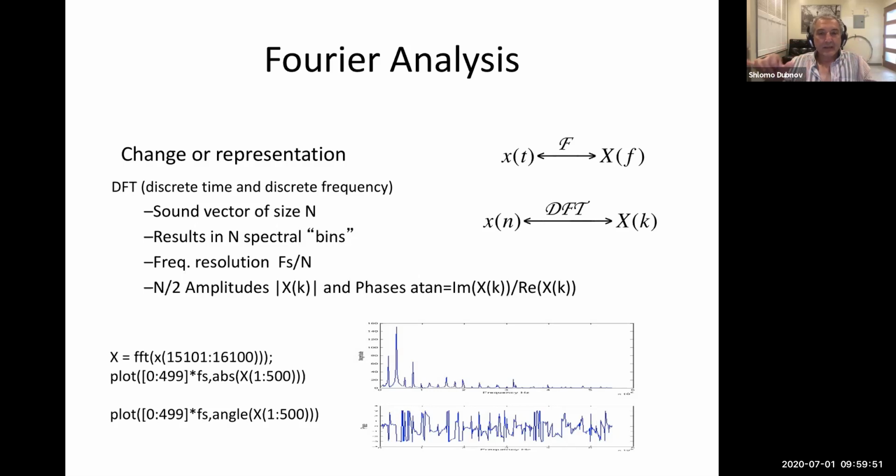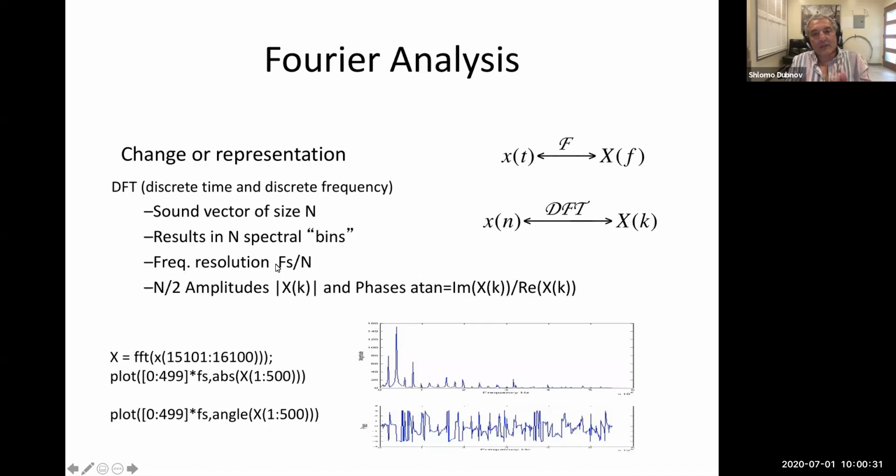Because we need both sine and cosine, and what you get, and this is where the math is, skipping a lot of this, is that because xn is real, xk will be symmetric. The Nyquist will basically get some kind of strange representation where, at least in terms of the amplitudes, not the phases, we have the same amplitude going to Nyquist and going above it. But you get a total of n samples. So we call this a frequency resolution of Fs divided by n. Just keep this in mind.